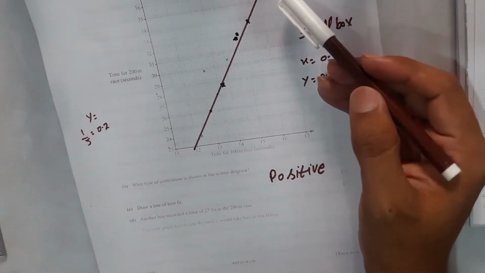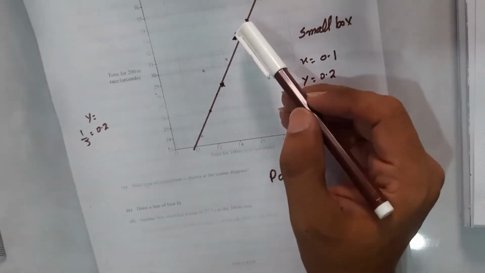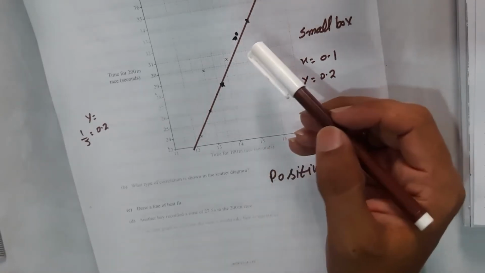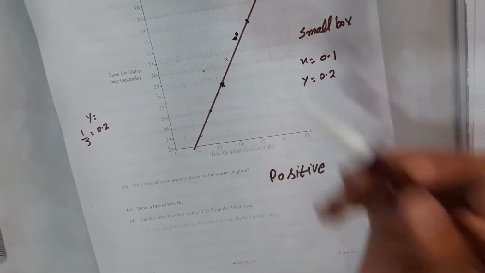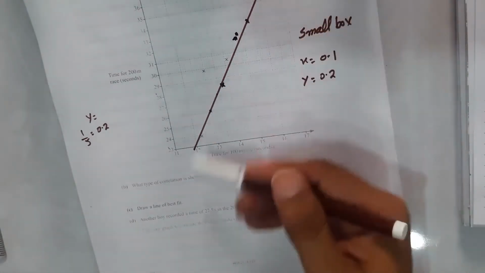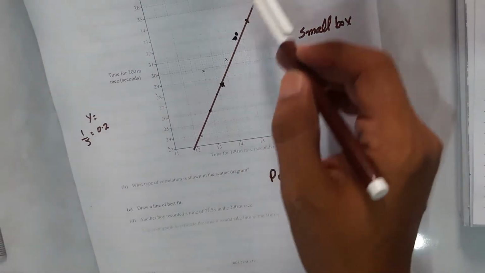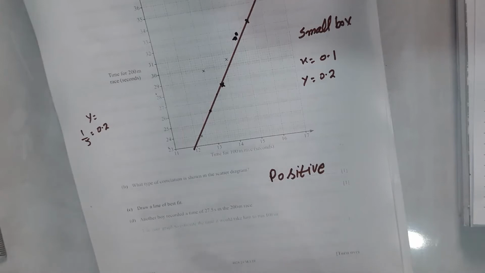Like this 1 and 2 here, 1, 2 here. These are approximately close to this line of best fit. So this can be your line of best fit. It covers 1, 2, 3, 4 points. No other line can cover 4 points.